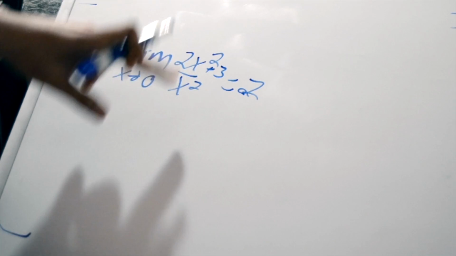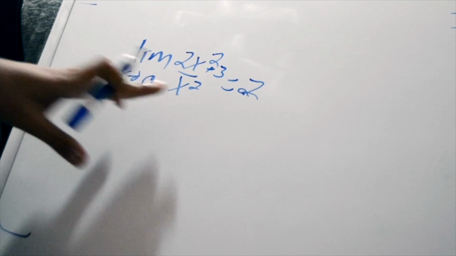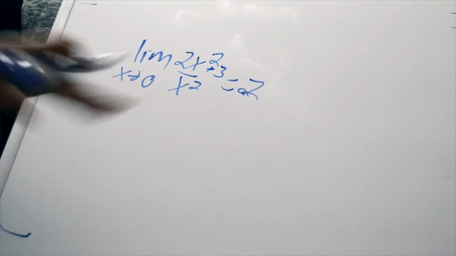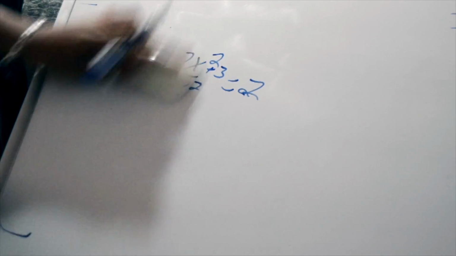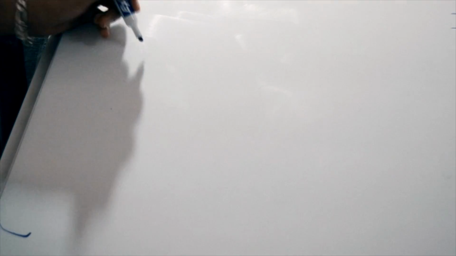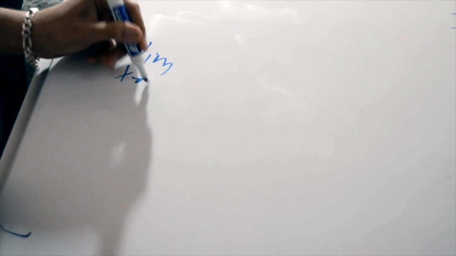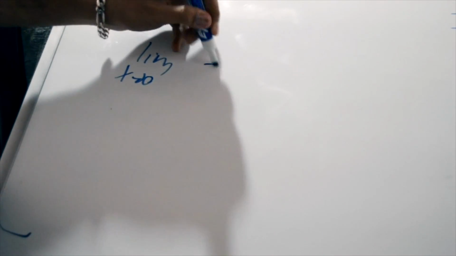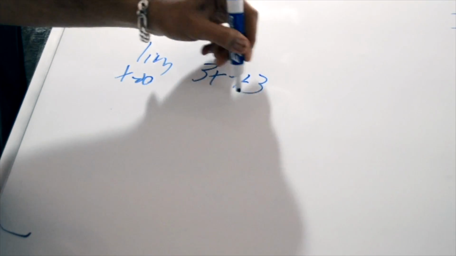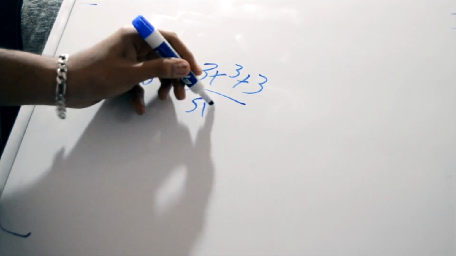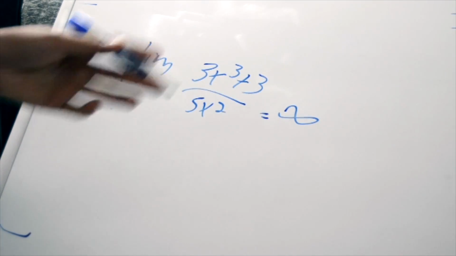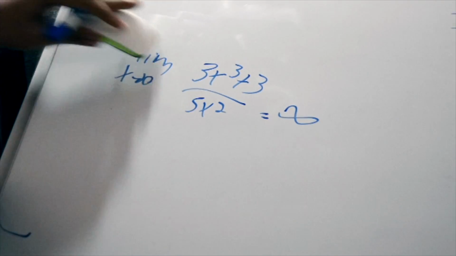You just use the coefficients of the highest power if they are the same power, and if they are different powers, so if the top has a greater power, like x cubed plus 3 over 5x squared, it's just going to be infinity. And if the bottom is greater, then it's just 0.